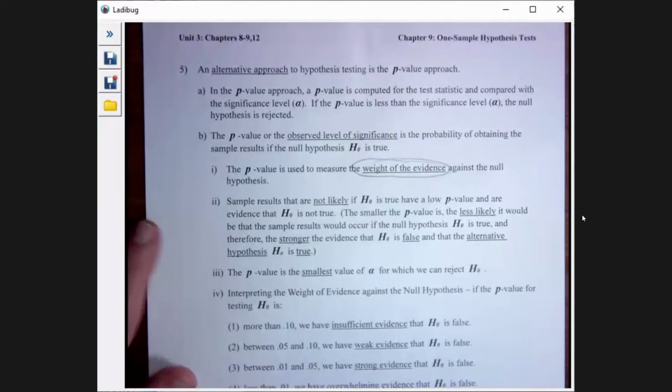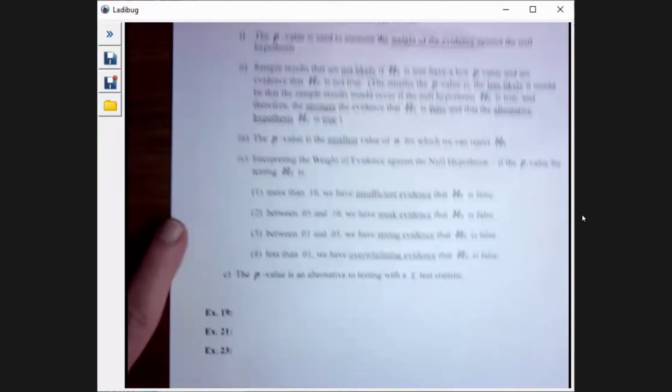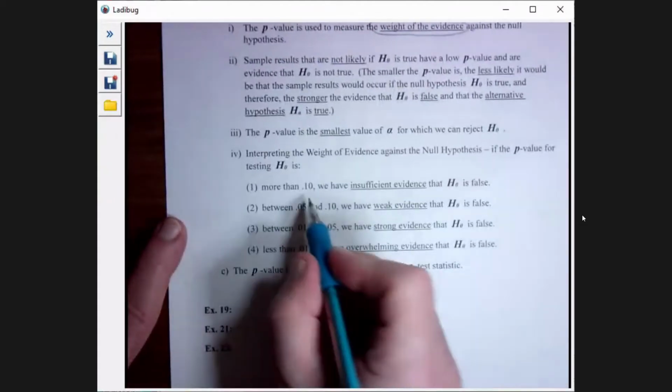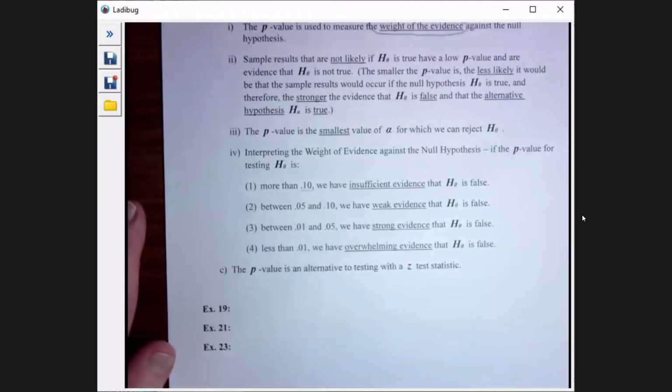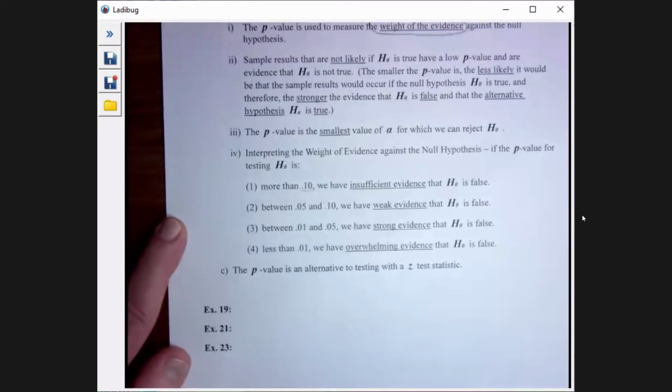And so what it's telling us, if we have a large p-value, like greater than 10%, that means there's greater than a 1 in 10 chance that it happened just by random chance. Okay, there's a greater than 1 in 10 probability it happened just by random chance.